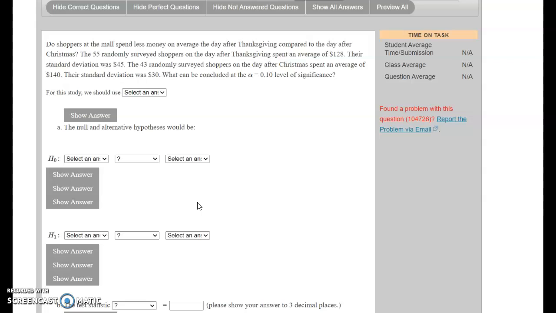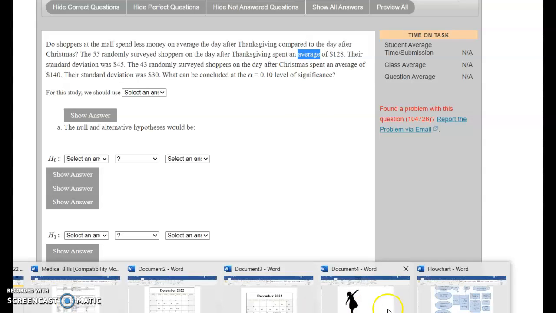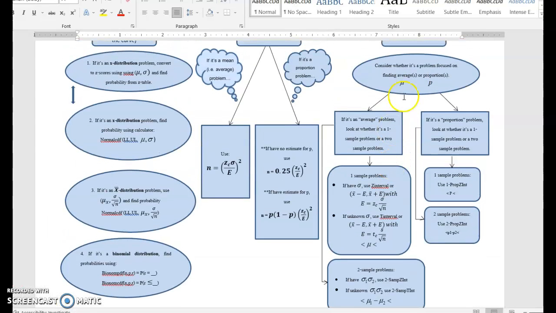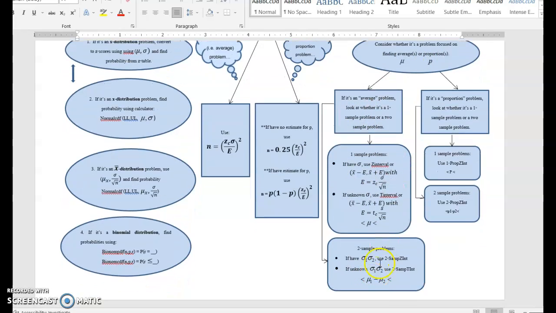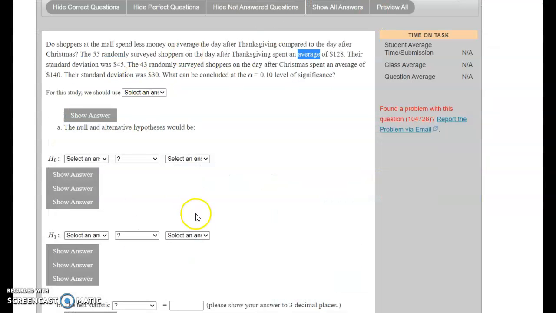Thinking of that flow chart, my first thought is, is this an average problem or is it a proportion problem? The fact that it says the word average tells me that in that flow chart, pull that back up here. In that flow chart, since it said average in the problem, we're over here. So we're either talking z-test or t-test, or the plural version of that, which would be 2-samp z-test and 2-samp t-test.